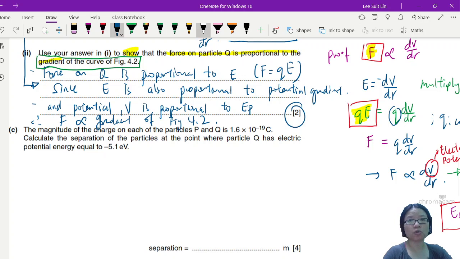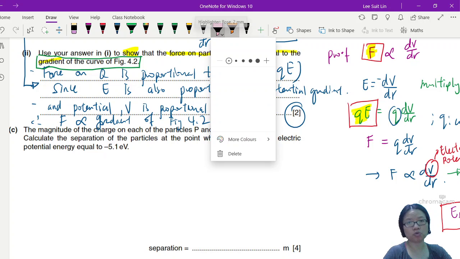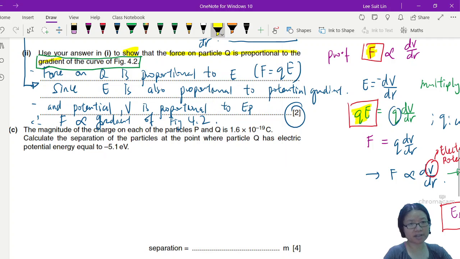Okay, so again, 1 mark is you understanding that you have to state force is proportional to E. This is the first mark. Second mark is when you say that V is proportional to EP.